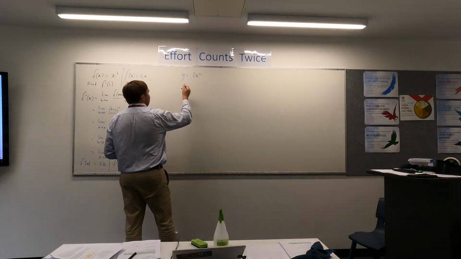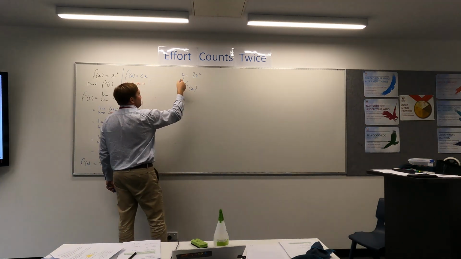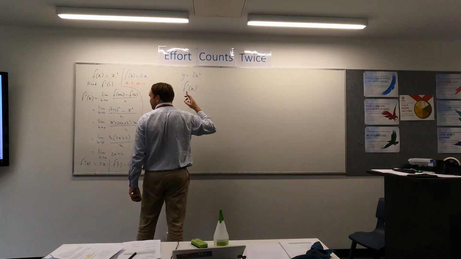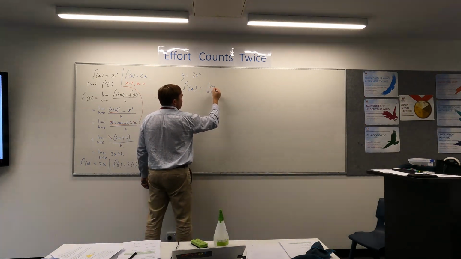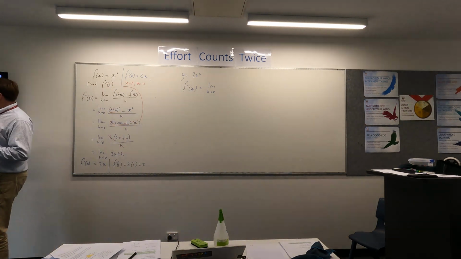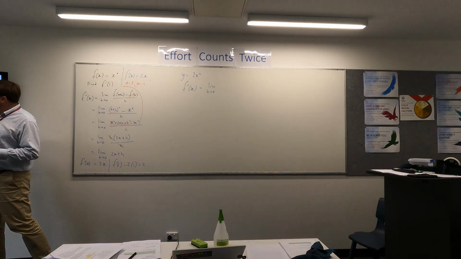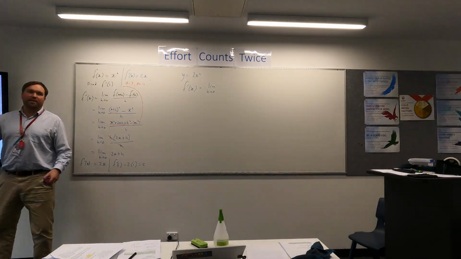Alright, here, f dash x, and remember that's the same as dy dx, or the derivative, is equal to the limit as h approaches 0 of f of x plus h, take f of x, over h. This is always coming from the substitution of x plus h into the function.